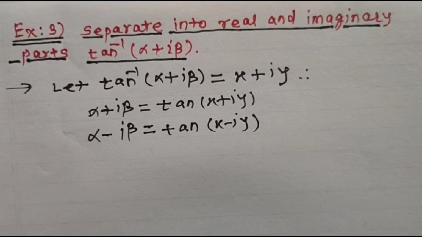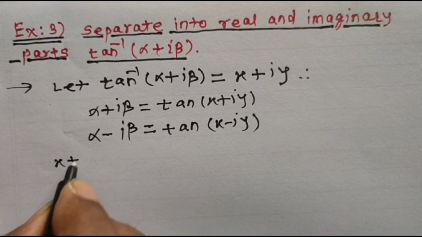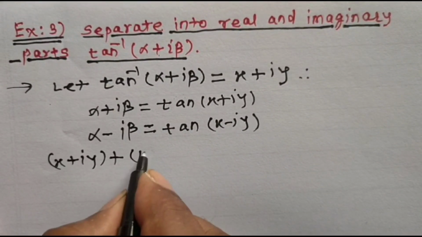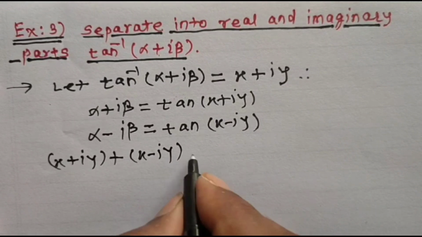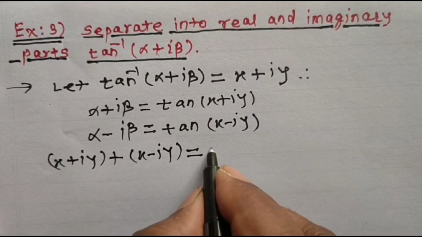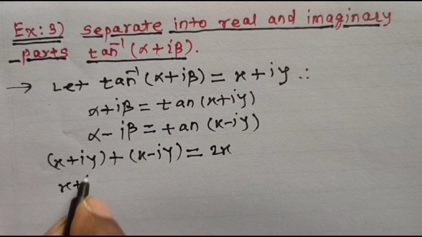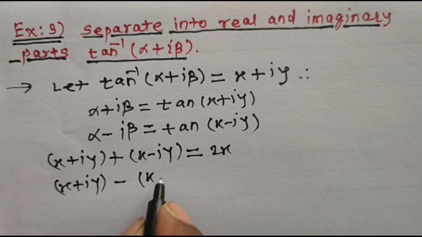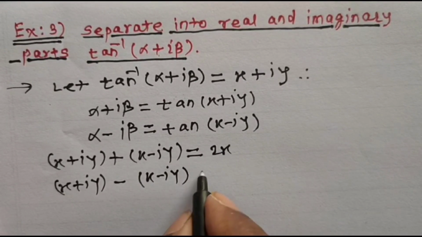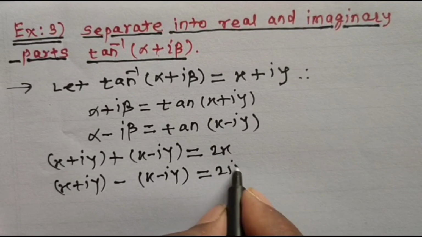Okay. Now x plus iy plus x minus iy is equal to what? 2x. And x plus iy minus x minus iy is equal to 2iy.